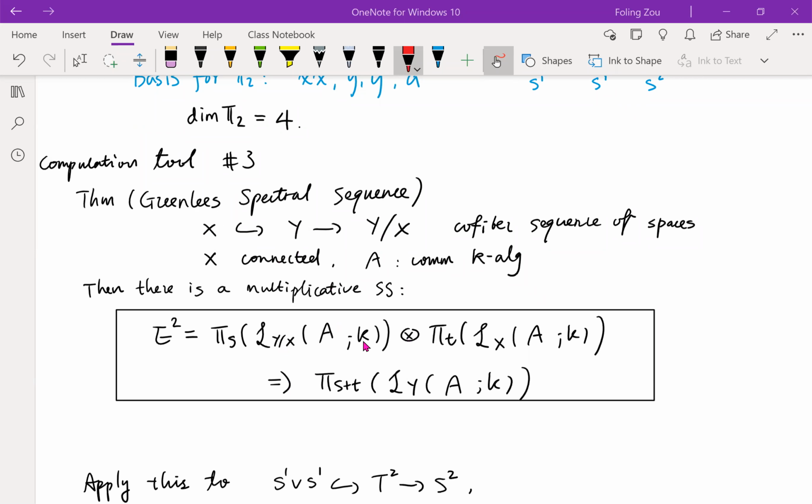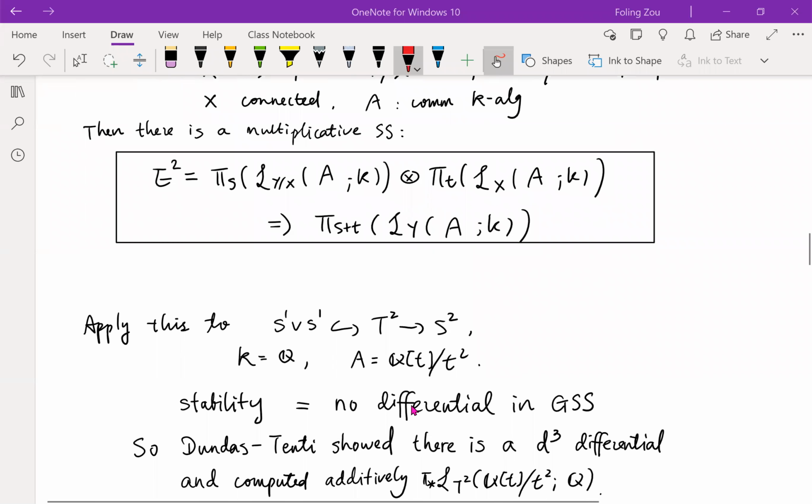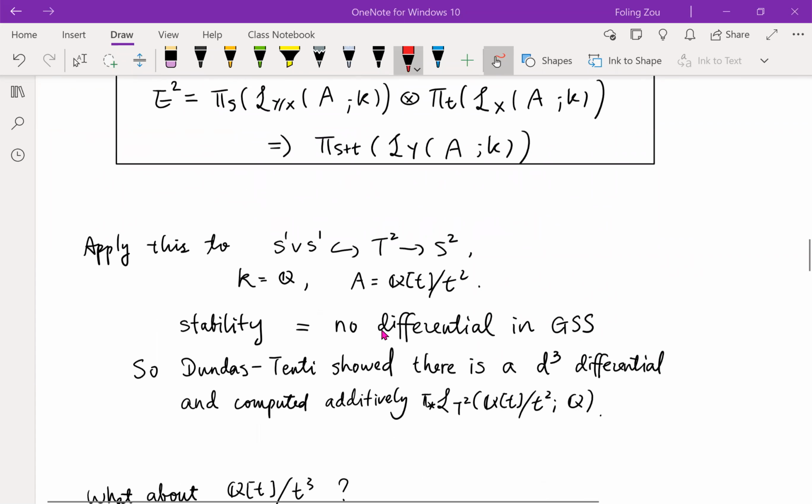And here we also use reduced coefficients because, without the reduced coefficients, this could also be true, but in this case, the flatness condition is easier to satisfy. And we apply this Greene spectral sequence to this cofiber sequence S1 wedge S1 included into T2, whose quotient is S2.